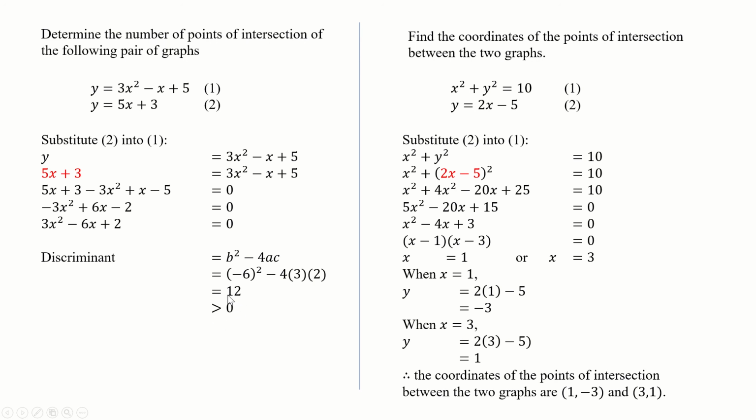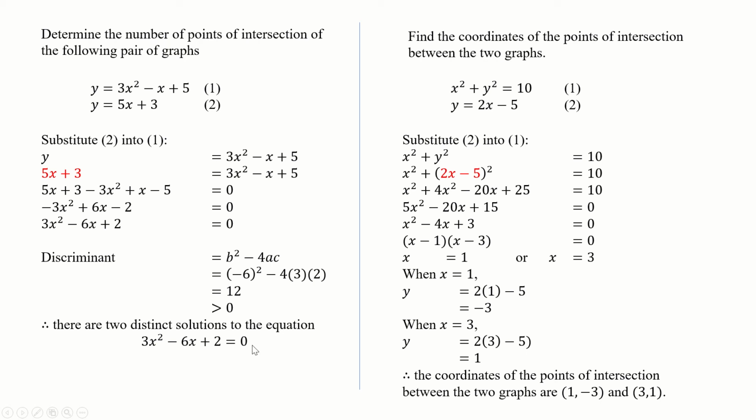So from this observation, we can say that there are two distinct solutions to the equation 3x squared minus 6x plus 2 equals 0. And if there are two solutions to this, it means that there are two solutions to this pair of simultaneous equations. Two solutions means that we will have x equals something or x equals something else.